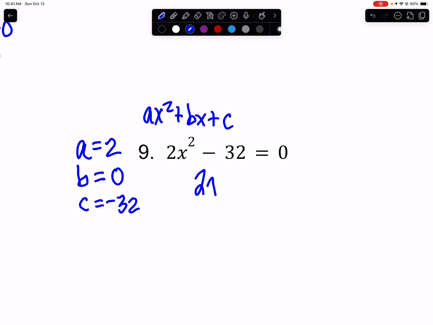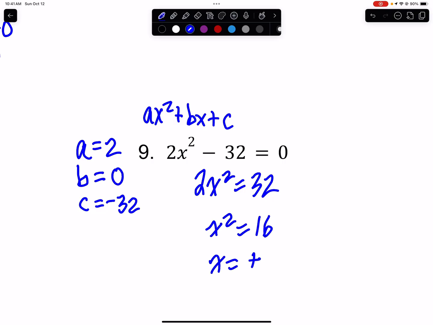So yes, we have it solved for 0, and that's great, but we have no x, no linear term. So just start isolating for x squared, and then solve it by taking the square root, and then you're done. You don't have to factor. You could.